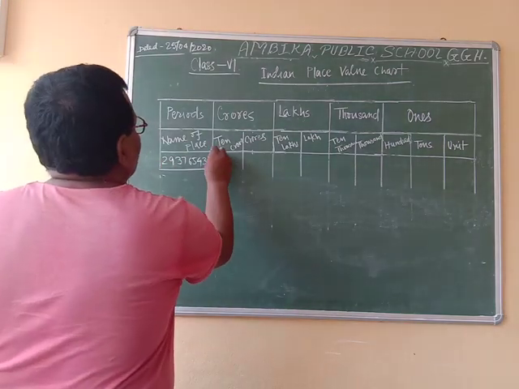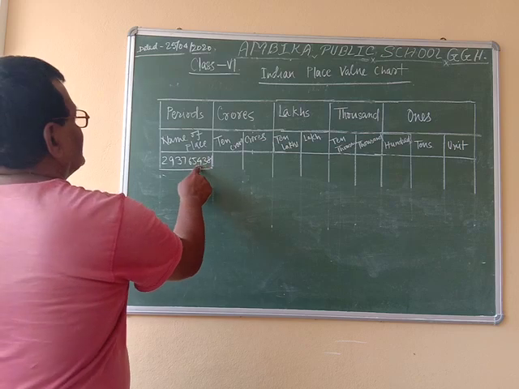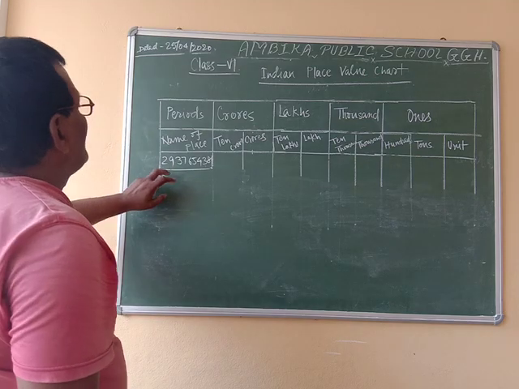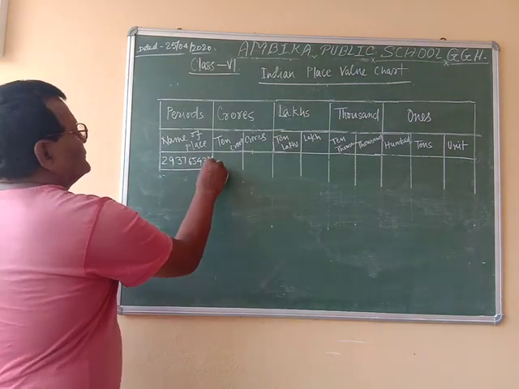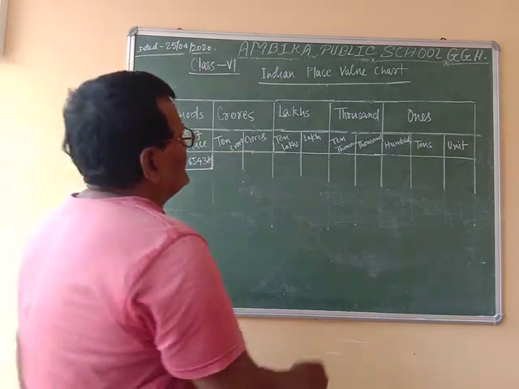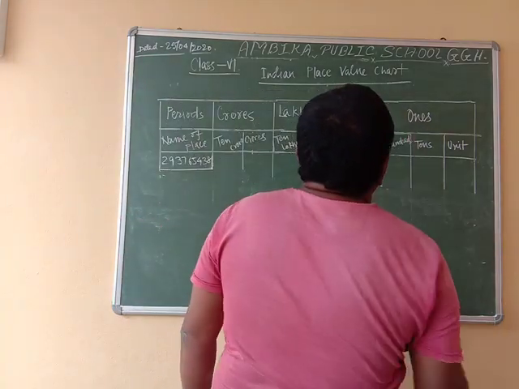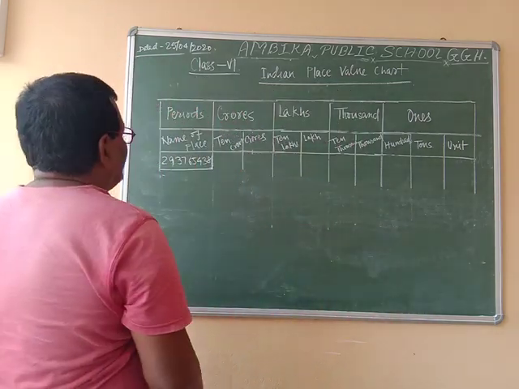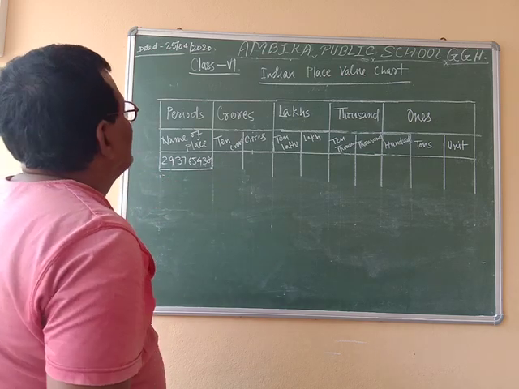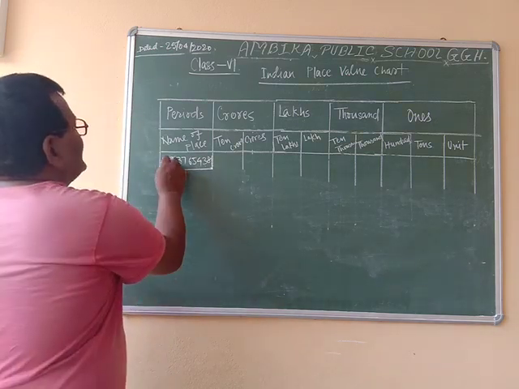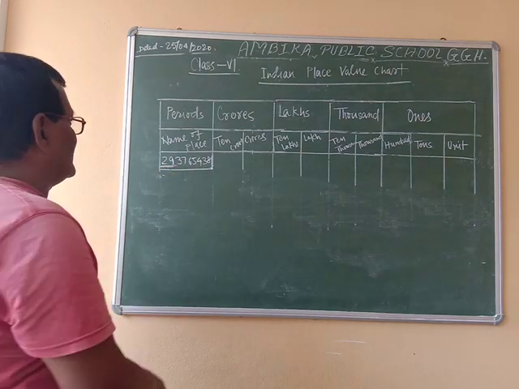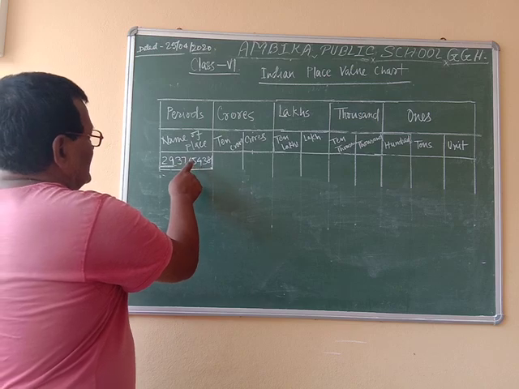If you are given a number and you have to write this number in the place value chart, you will make such a diagram, and now I am going to write this number. At first 29, place value of 29, ones, tens, hundreds.